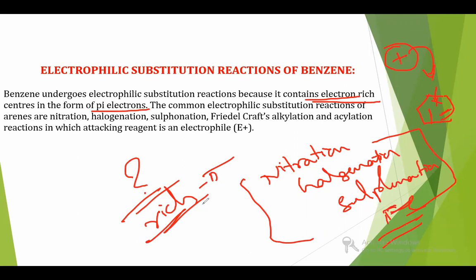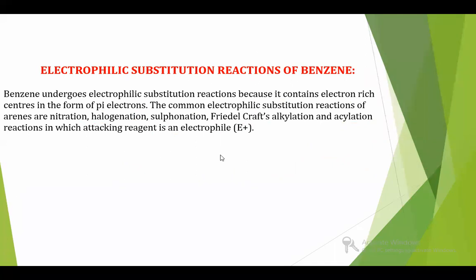The common reactions are nitration, with the NO2 group; halogenation, with X; sulfonation, with the SO3 group; and Friedel-Crafts alkylation or acylation, with the alkyl group CH3 or the acyl group CH3CO from COCl. In these reactions, the attacking reagent is an electrophile, E plus, an electron-deficient species; positively charged electrophiles attack the electron-rich group. We will study them one by one.